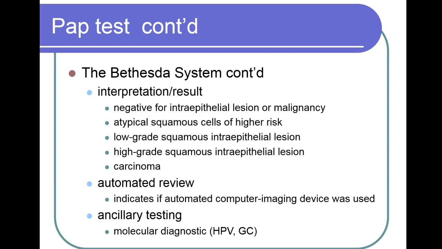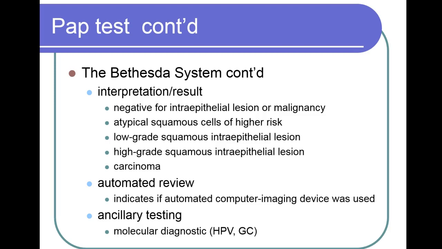And then the interpretation or result gives one of five very specific descriptions. So negative for intraepithelial lesion or malignancy. Hence, the cells look normal as they should be. Atypical squamous cells of undetermined significance. Here again, that's that category. There's some changes occurring that might look like a change might be made.